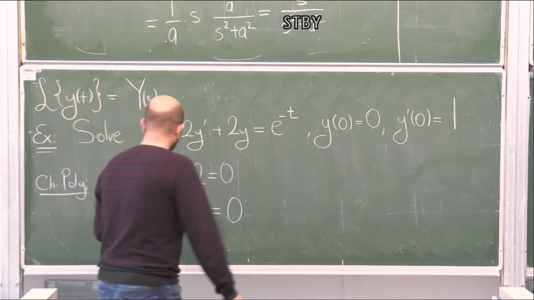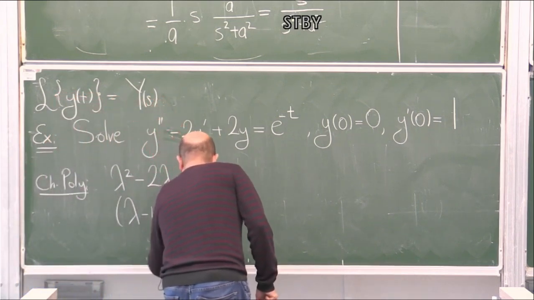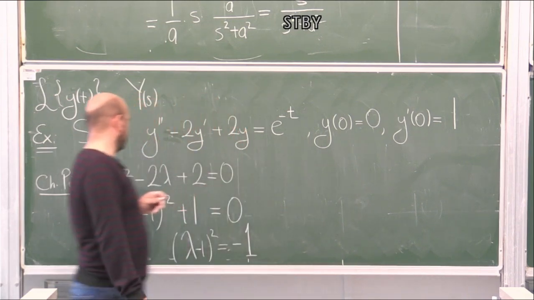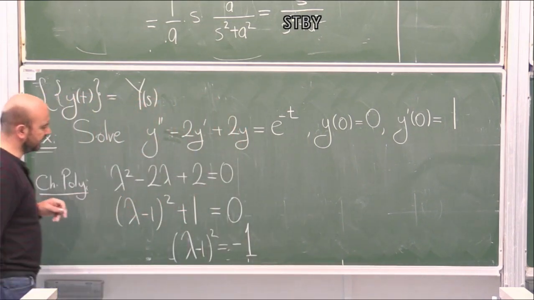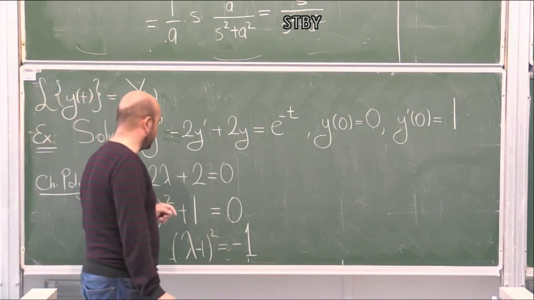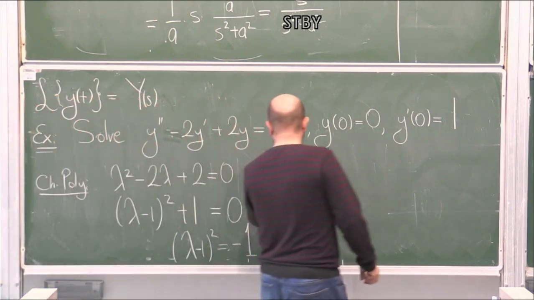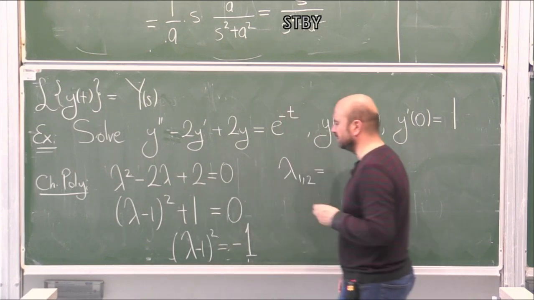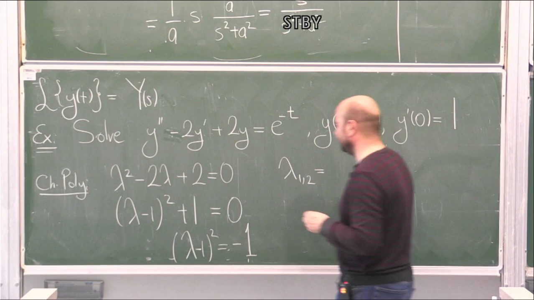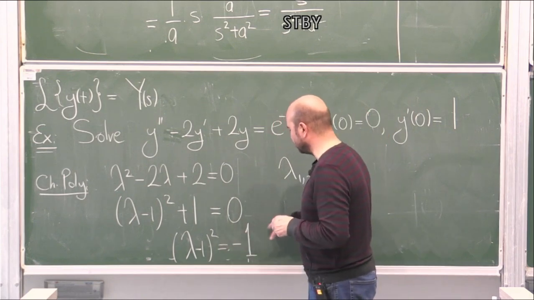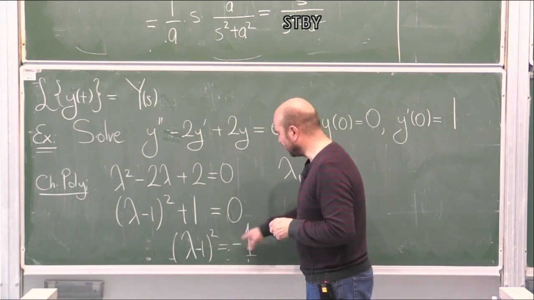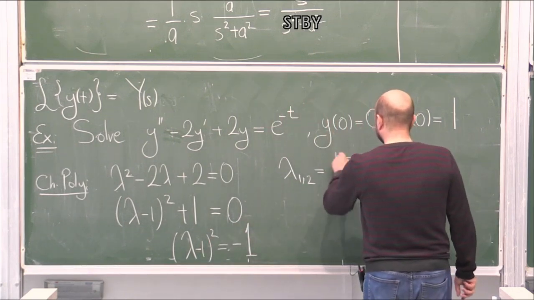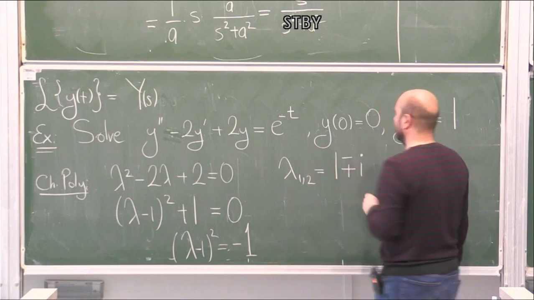So (lambda minus 1) squared is equal to 1 minus 1... so I understand that I will get complex roots. We can clearly use the discriminant formula. If you take the square root, you get an i, so plus minus i. And if you put this on the other side, we have 1 plus minus i.